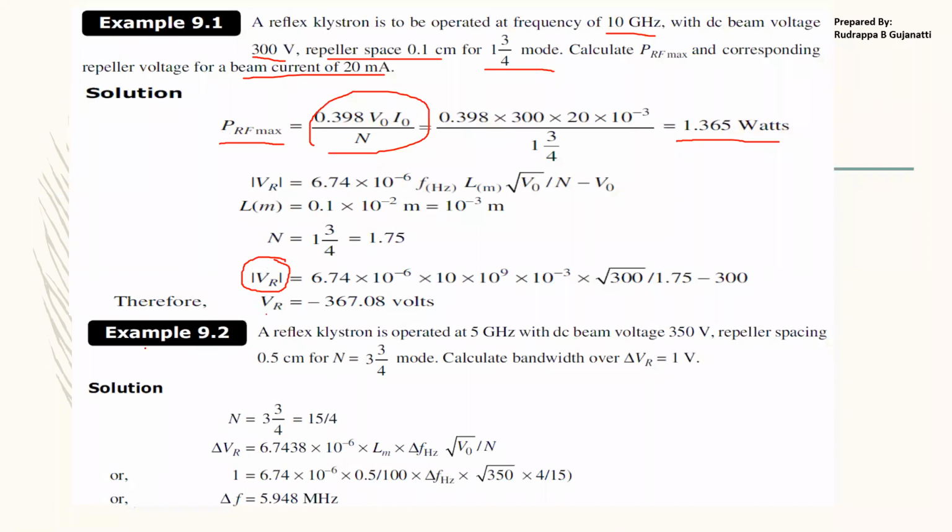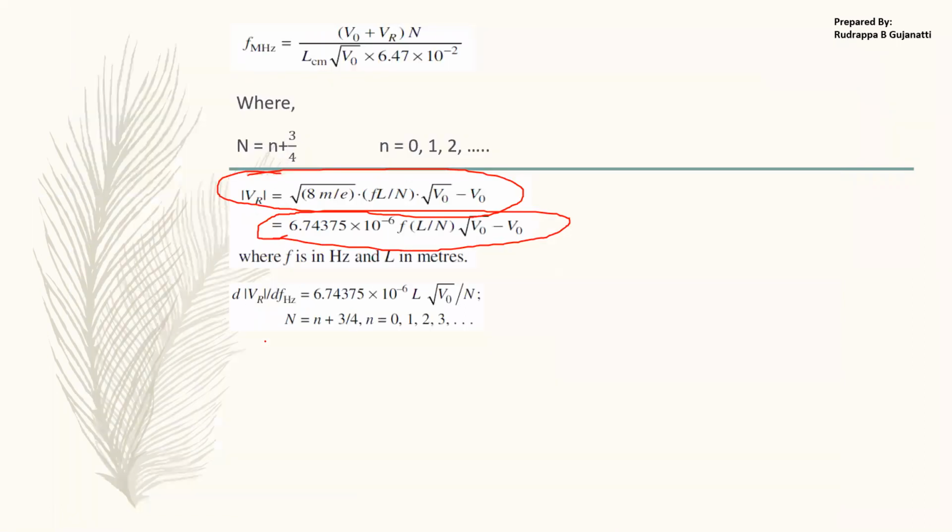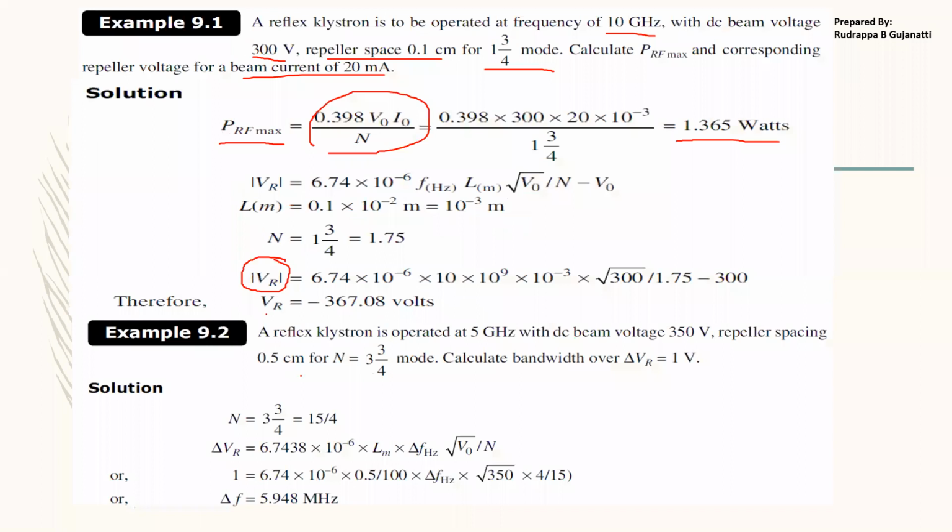So the next problem we'll be looking at is based on this equation. Here, the information provided in the problem is: a reflex klystron is operated at 5 gigahertz. The operating frequency is around 5 gigahertz.